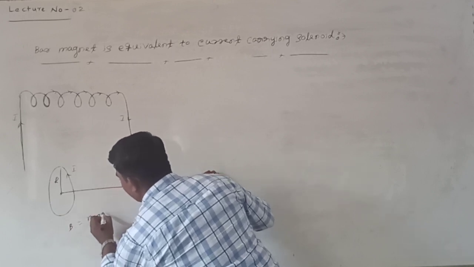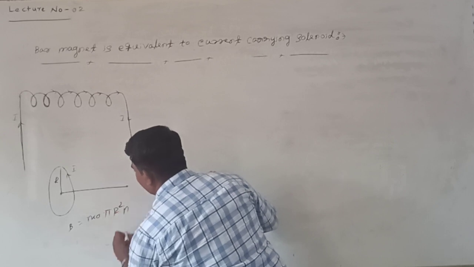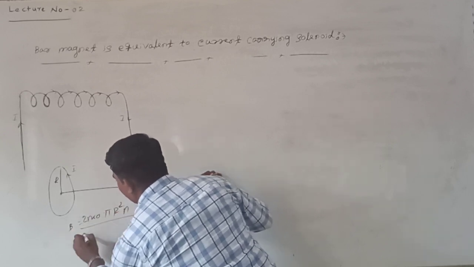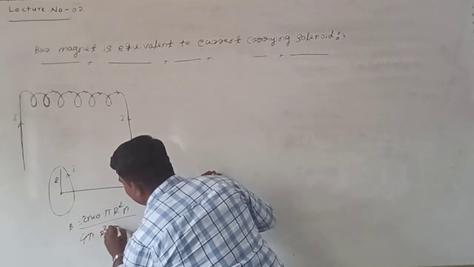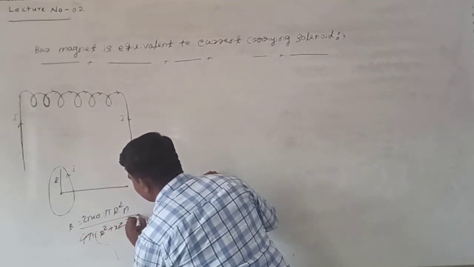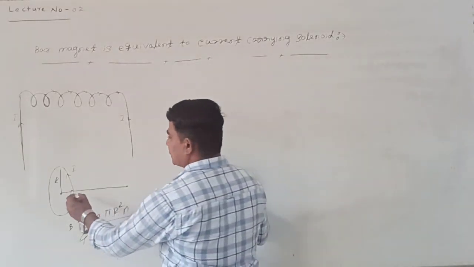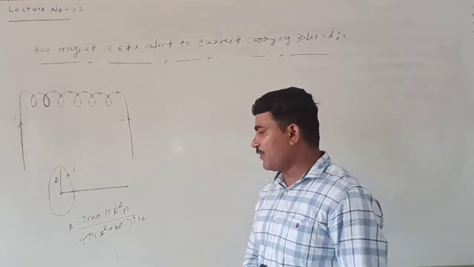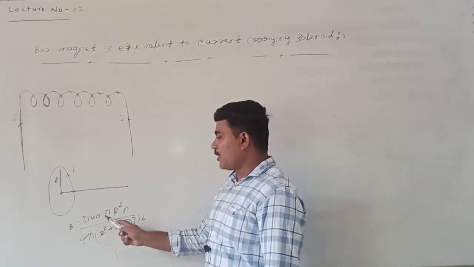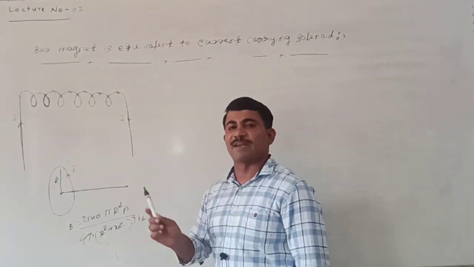B is equal to mu naught pi r square n into 2 divided by 4 pi, then r square plus x square raised to 3 by 2. Along the axis of the current carrying loop, according to Biot-Savart law, B is equal to 2 mu naught pi r square n divided by 4 pi, r square plus x square raised to 3 by 2.